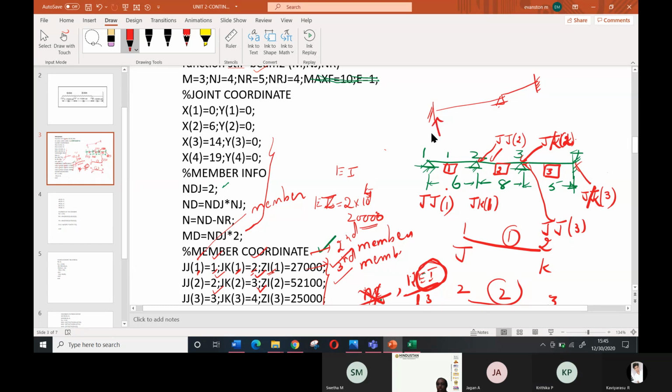This is restrained and this is restrained. For a fixed support both are restrained. 1 and 2 are restrained. So not equal to 0. It is equal to 0. There are no displacements, right? Is there displacement U1 for this? It can't move, no. It is arrested.